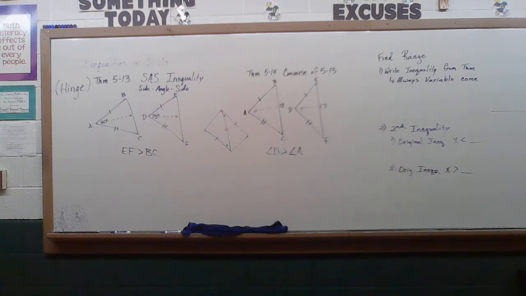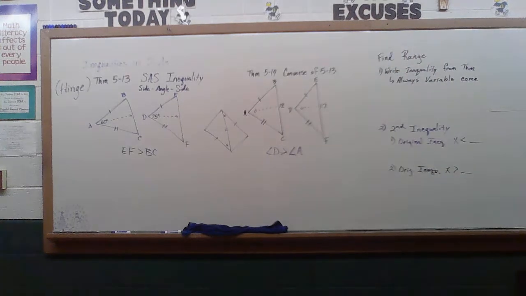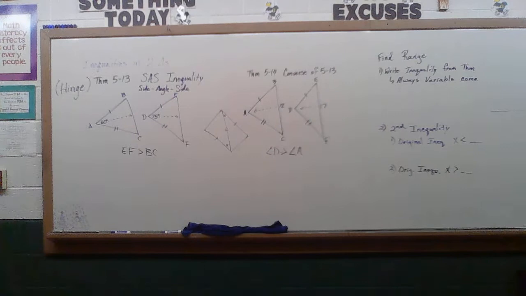So here's my first picture. And we're talking about, they say compare the measures of AD and BD. Okay, so if I look at this right here, again, I notice I have side, angle, side, because DC would be congruent to itself by the reflexive property. And so then I come back and I look at my angles, they're not congruent, so I can talk about the sides.